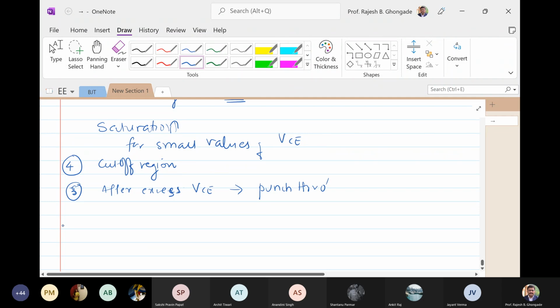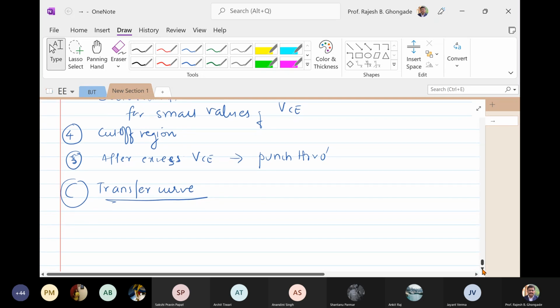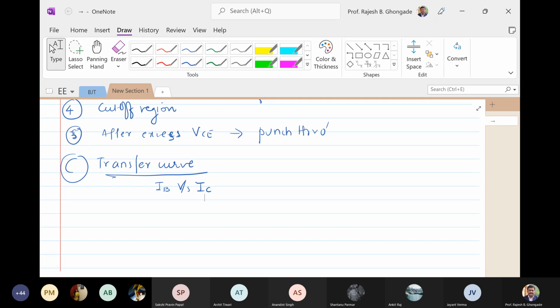Let us see the final curve, that is the transfer curve. Now transfer curve का मतलब क्या होता है? कोई एक इनपुट क्वांटिटी वर्सेस आउटपुट क्वांटिटी. तो यहाँ पे IB वर्सेस IC, इसका अगर मैं प्लॉट करता हूँ तो it will look again, it will be a linear kind of thing.